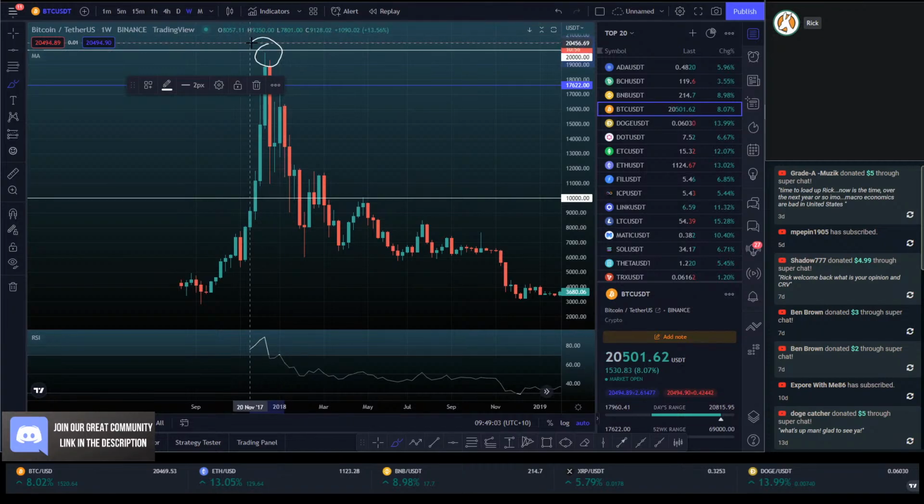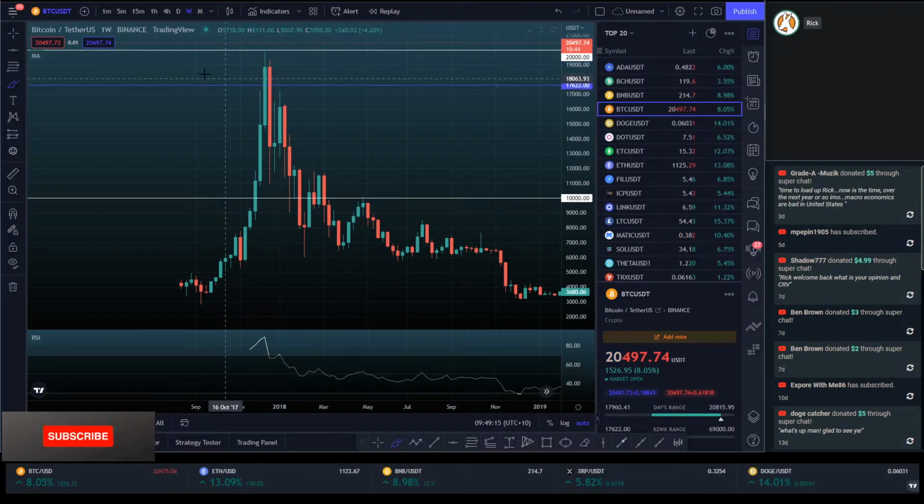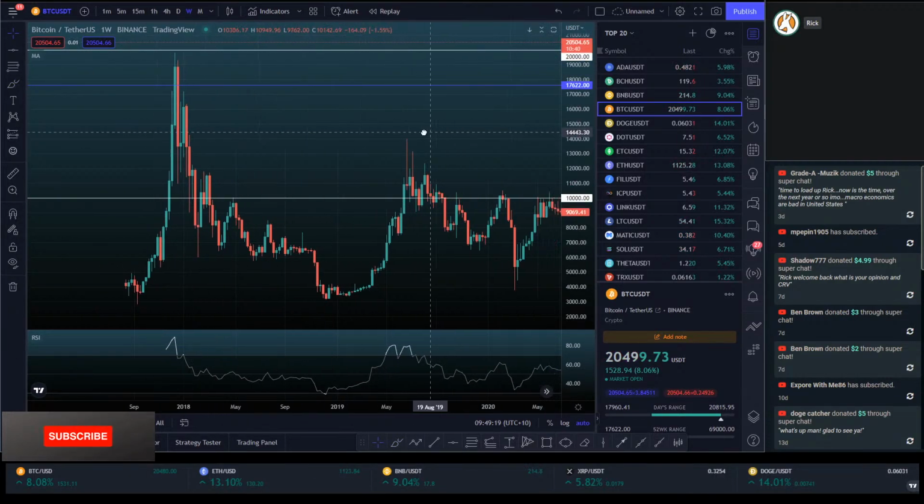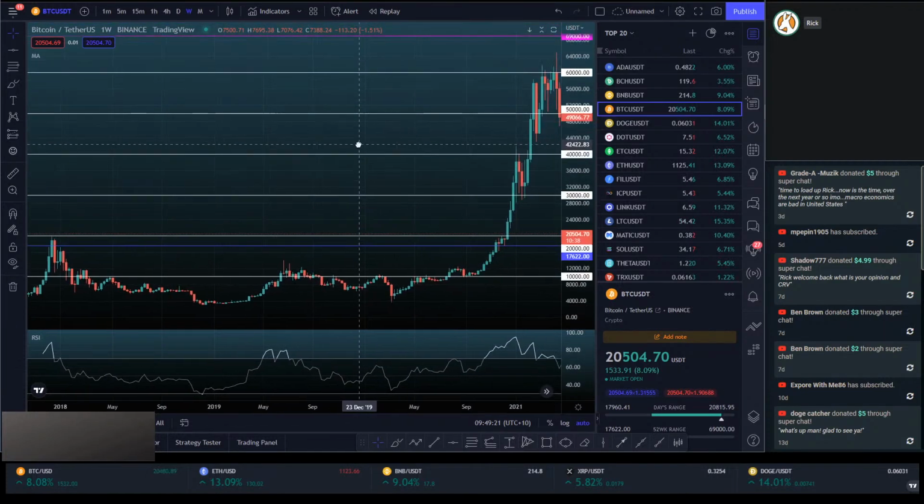This area, we didn't even quite hit 20K, at least on Binance back in 2017. It went up to $19,798.68, so not quite there, but we still count it as the 20K all-time high.